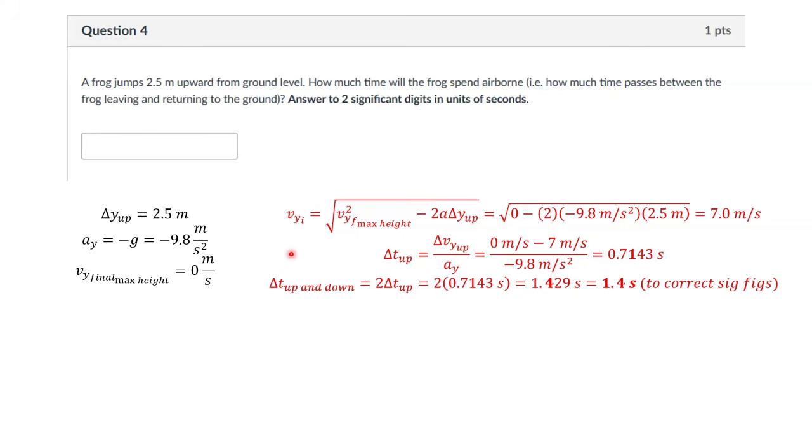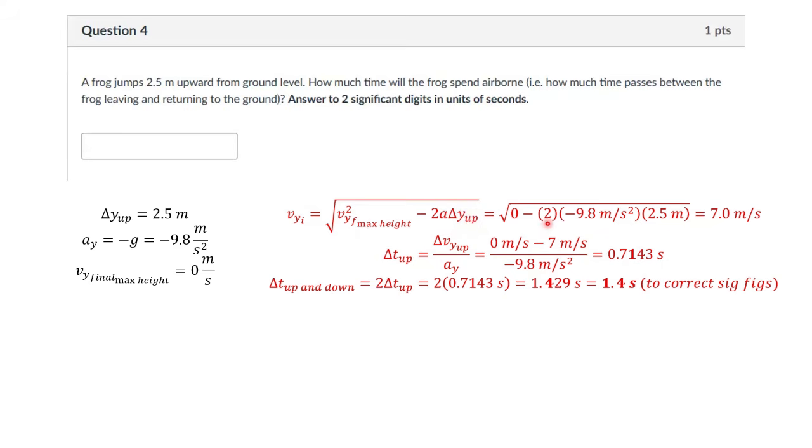We can rearrange that to solve for the initial upward component of velocity of the frog, the thing we don't have in our known values. We do know the final y component of the frog's velocity relative to its upward trip to the maximum height, which will be 0. We also know the constant acceleration, and we also know the vertical displacement during that time period.